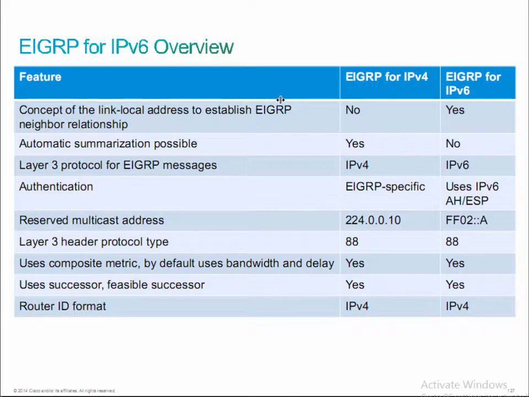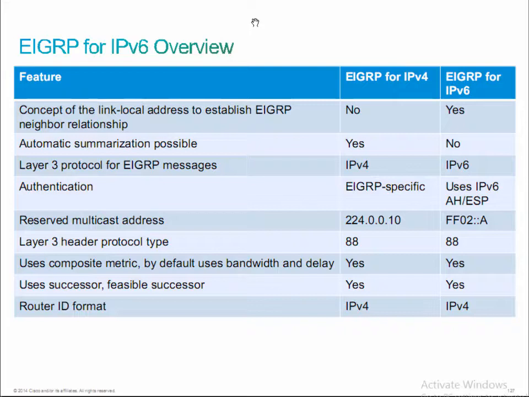Let's start with a side-by-side comparison, EIGRP for IPv4 versus EIGRP for IPv6. Link local addresses, those FE80 addresses that we talked about when discussing IPv6 addressing, don't exist in IPv4.